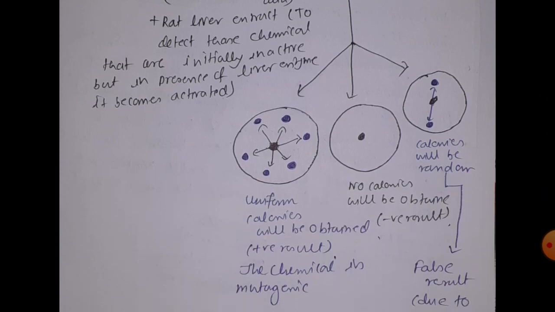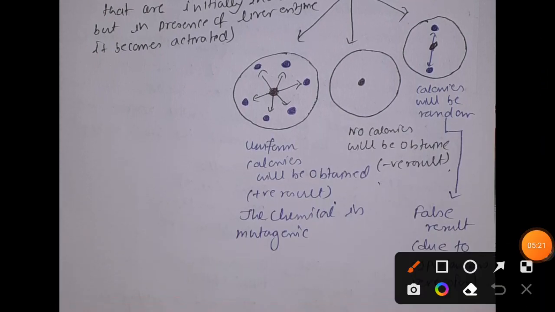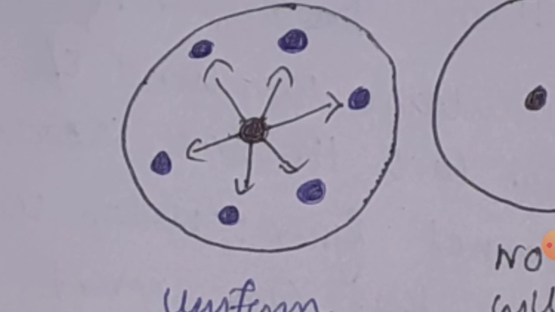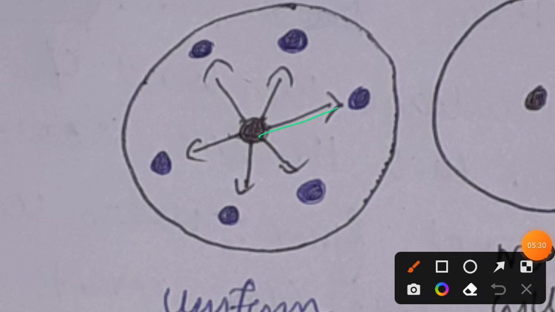Then after incubation we will get 3 possible results. If we look at this result, the chemical can diffuse, right? And that is the reason why we get colonies uniformly. That simply means that this chemical is a mutagen.